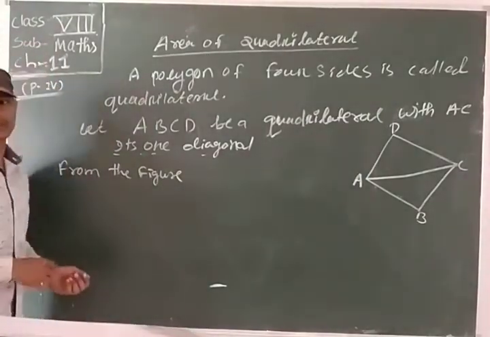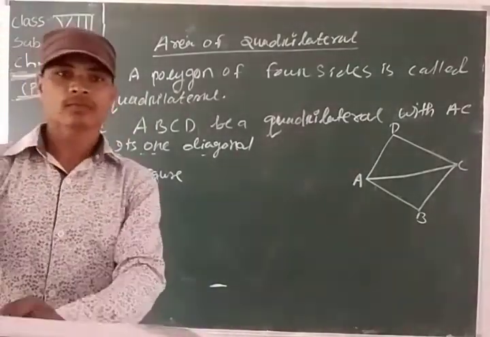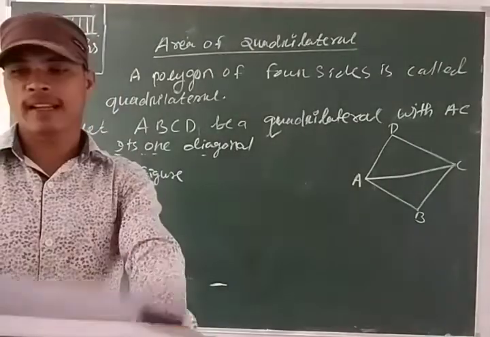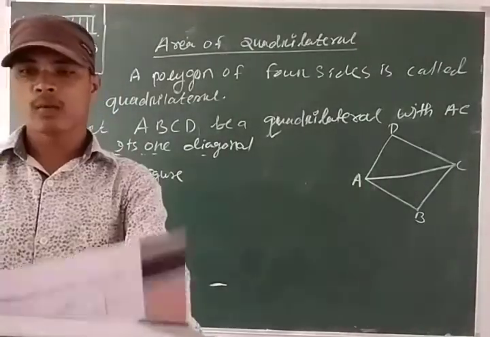In the quadrilateral, how many triangles are there? Two triangles. What are the two triangles?